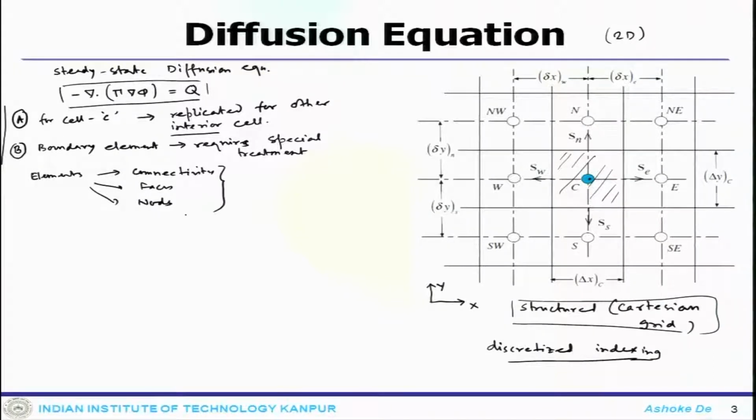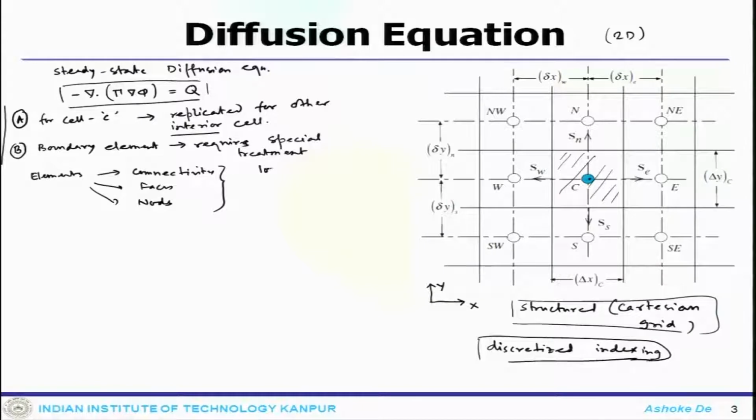These three important pieces of information need to be stored in your array or data structure, and one can have three different representations of the physical domain.